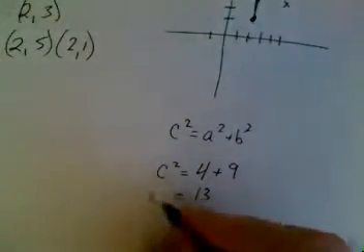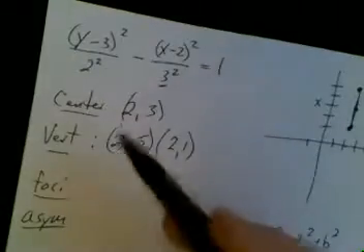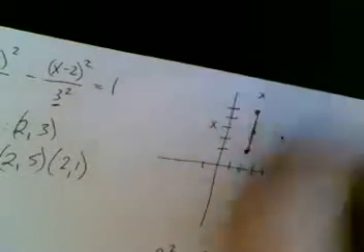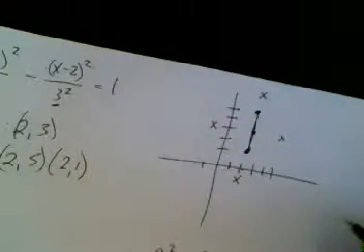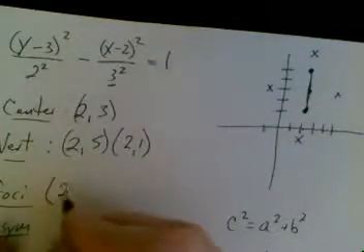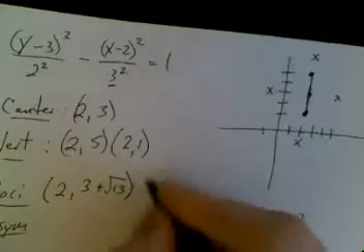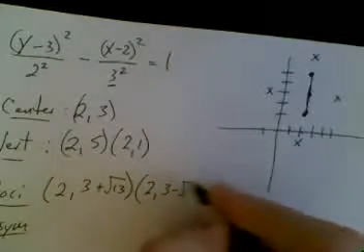Not really nice, because you know c is equal to the square root of that. So I'm going to go ahead and, to my center, add the foci going up and going down. So it's going to be 2 comma 3 plus radical 13 and 2 comma 3 minus radical 13.